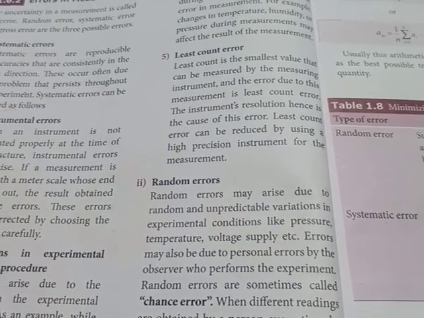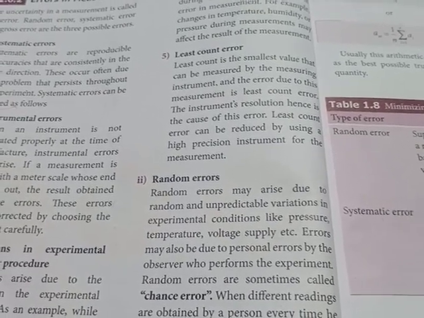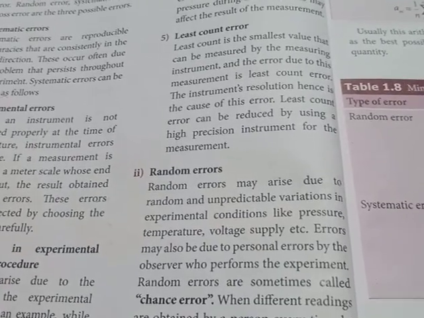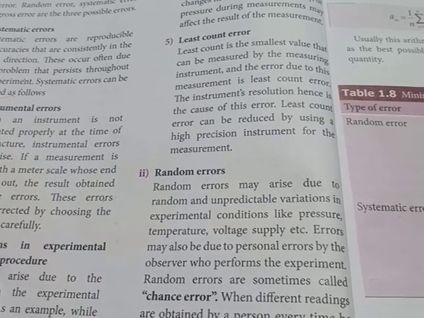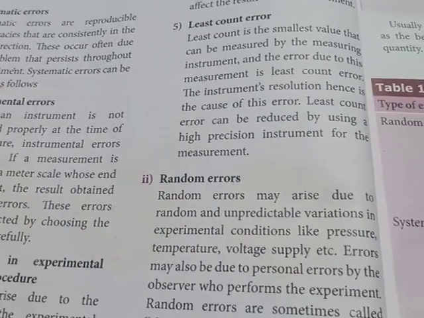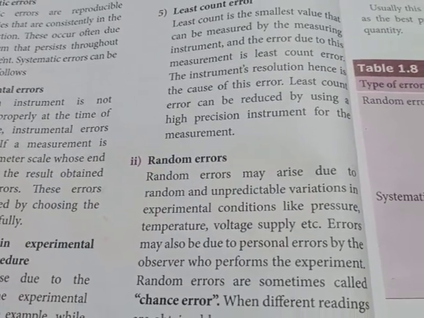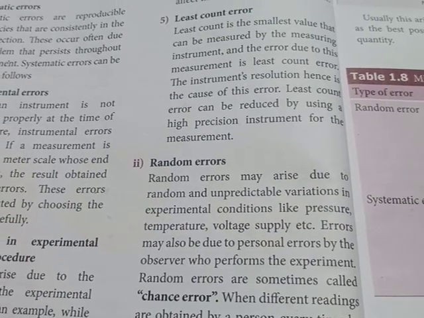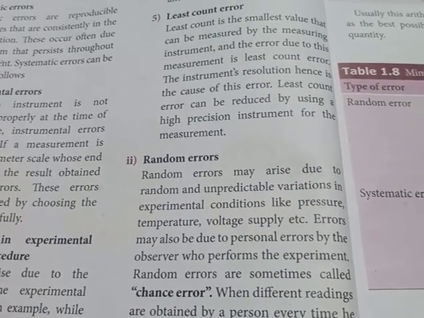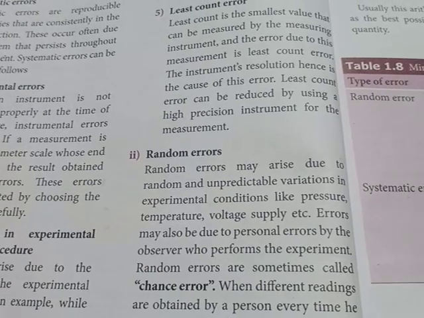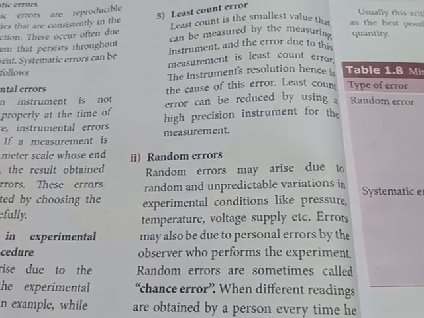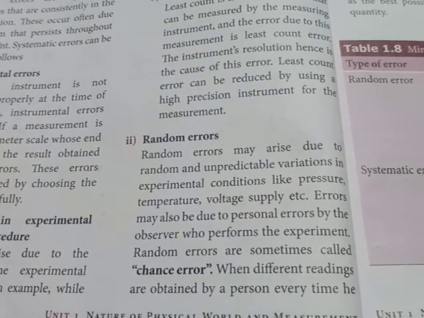This is also a personal error. These all occur randomly. So random errors may arise due to random and unpredictable variation in experimental conditions, like pressure, voltage, and personal error also. These errors are called chance errors.